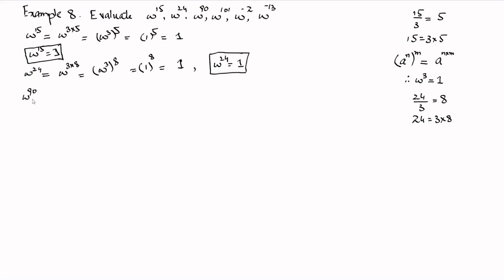Now consider omega raised to the power 90. 90 divided by 3 is equal to 30. So 90 can be written as 3 into 30. Omega raised to the power 3 into 30, which is equal to omega cube raised to the power 30 by using the property of quotient.